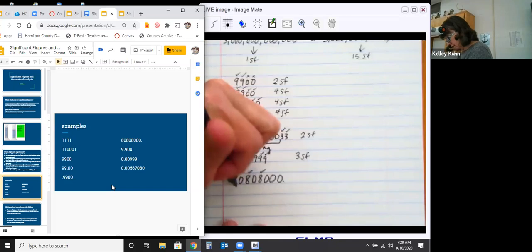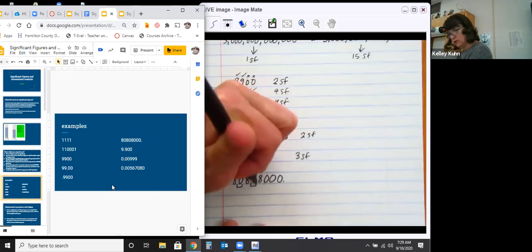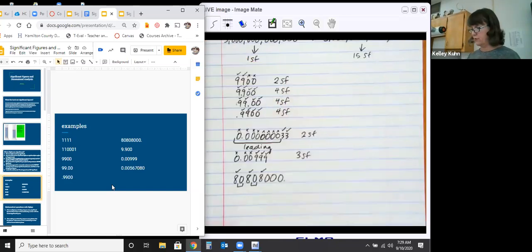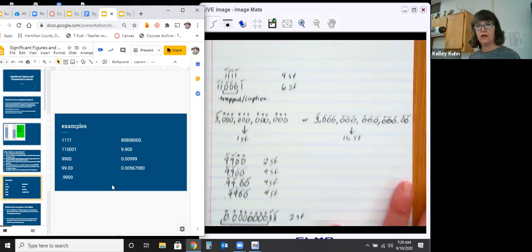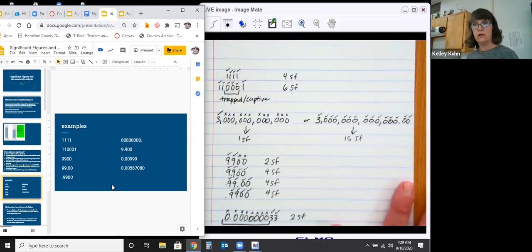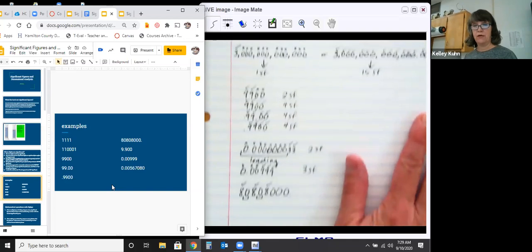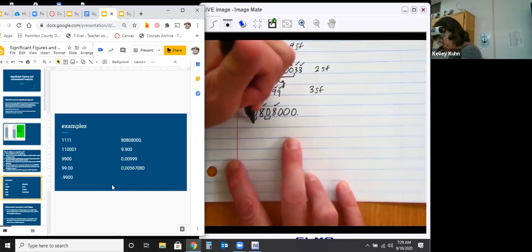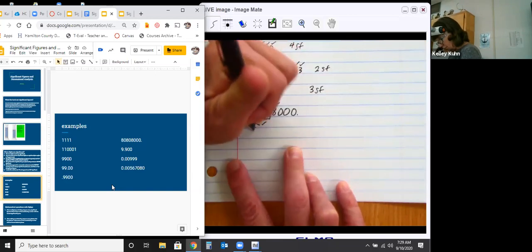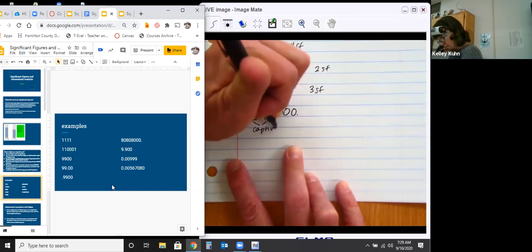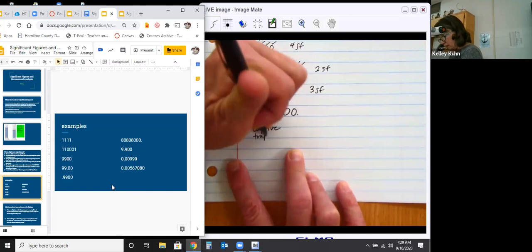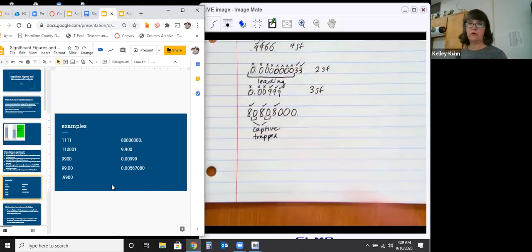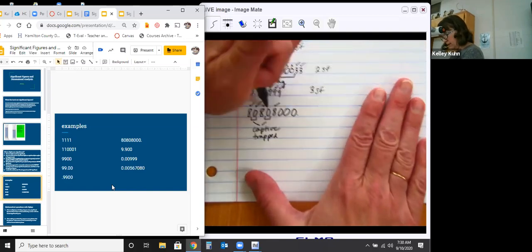So what kind of zeros are these 2 zeros? Do you recall of the groups we had up here? Well, yeah, these are trapped or captive zeros. So are we going to count them? Yes. You can really use whichever word speaks to you more, captive or trapped. As long as you can identify they're significant, it doesn't matter.